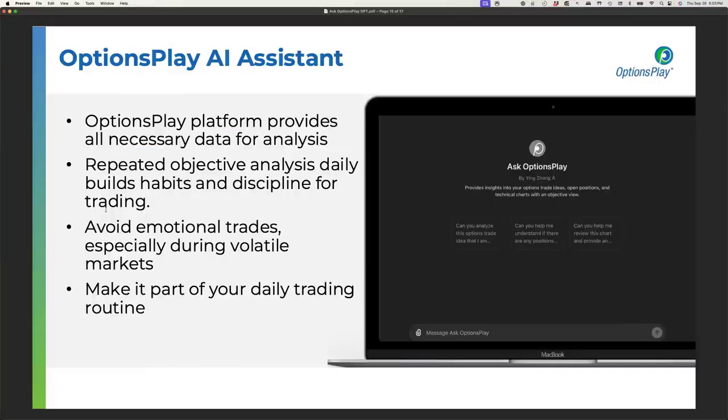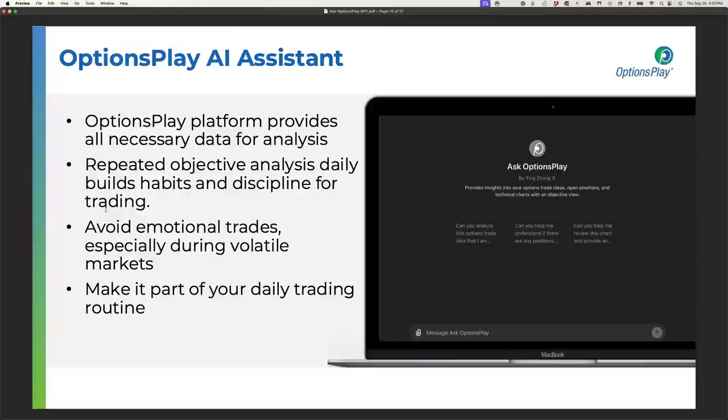Okay, so talking a little bit about this AI assistant, the Options Play platform will provide you with all of the necessary data that this AI assistant needs to do its work, right? We have coded it specifically for Options Play, meaning all of the data that's required to power this tool is provided to you by Options Play.